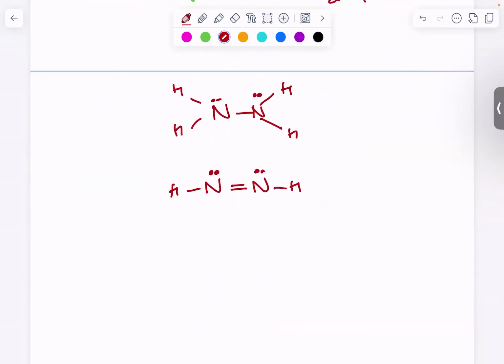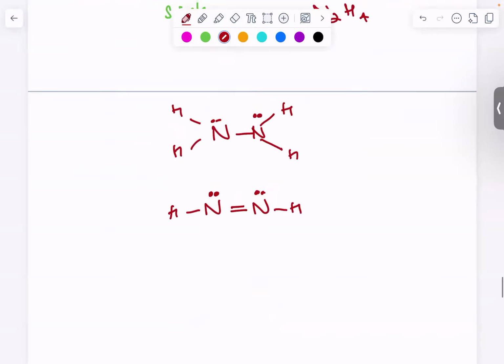Let me tell you systematically. This is N triple bond N, that is N2. Now, if you add one H to nitrogen, the triple bond changes into a double bond.